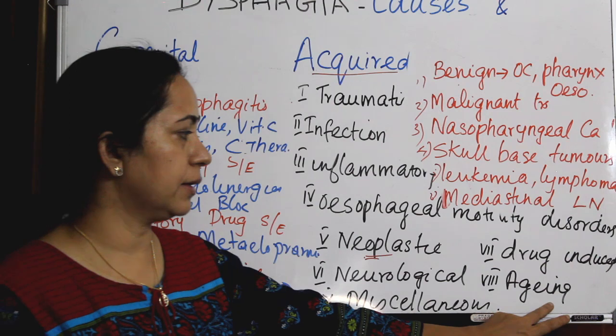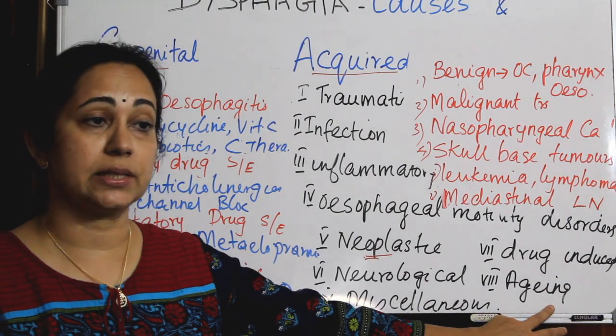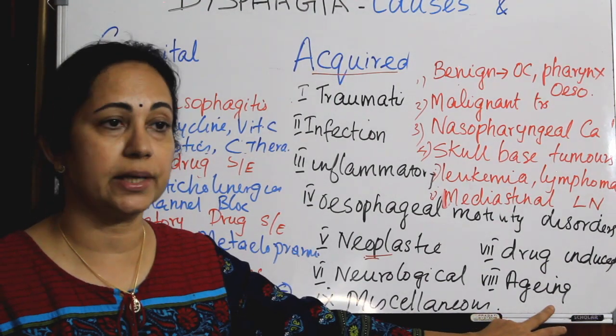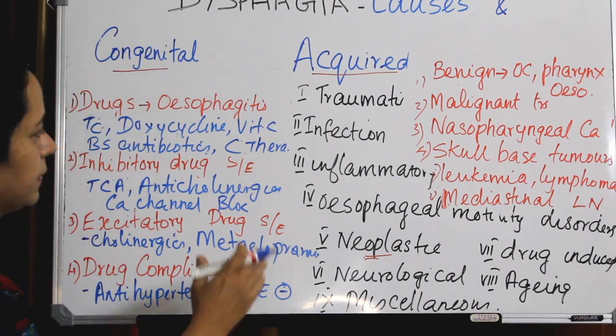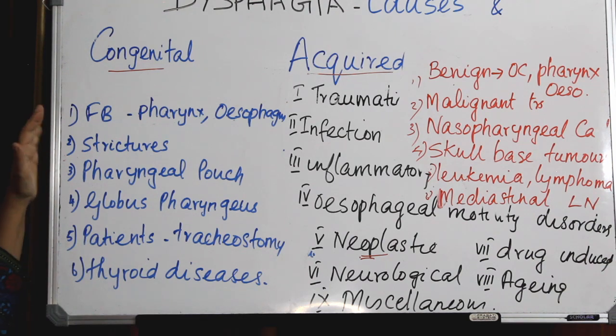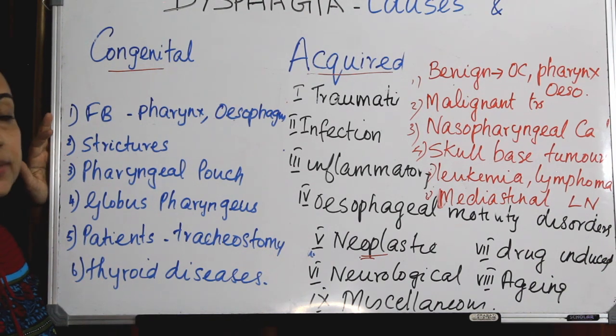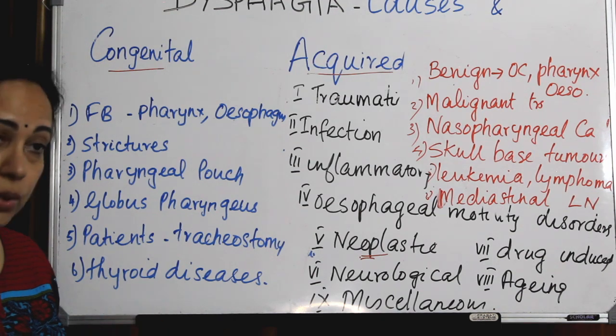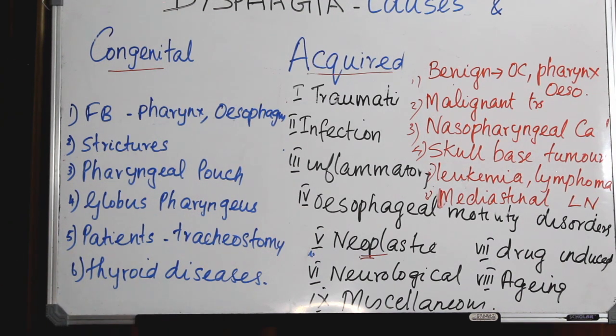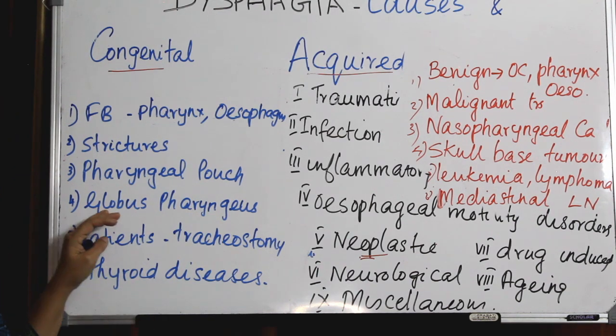Then aging related dysphagia, that is presbyphagia, which was already explained in an earlier class. Then under miscellaneous, these causes may be due to foreign bodies in the pharynx or in the esophagus, or it can be due to caustic strictures of the esophagus, or pharyngeal pouch, which I already explained. Then globus pharyngis.